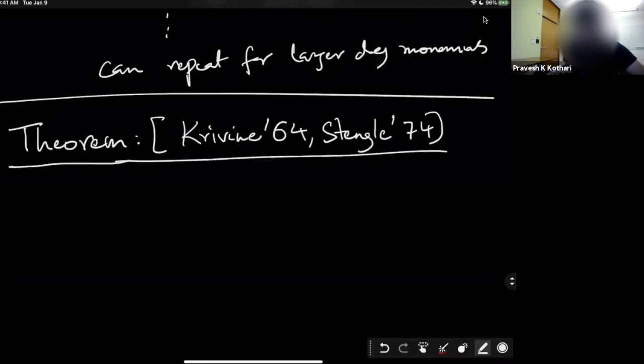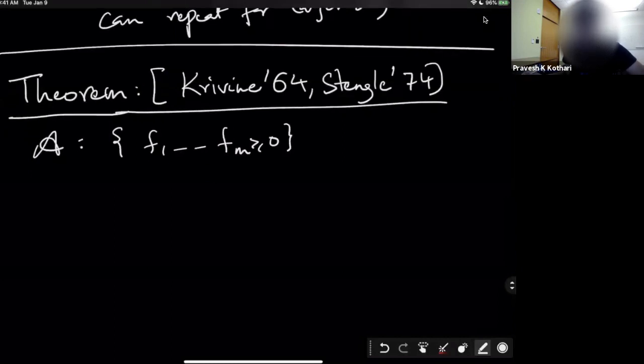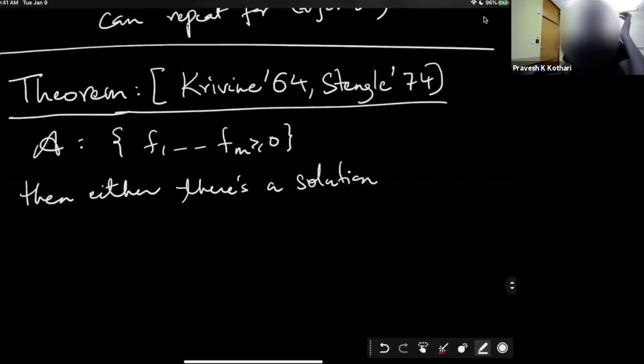Good. So A is that semi-algebraic set that we were given. Then what Krivine and Stengle proved is that either there's a solution. You should think of this as the existence of large degree proofs for the second formulation.